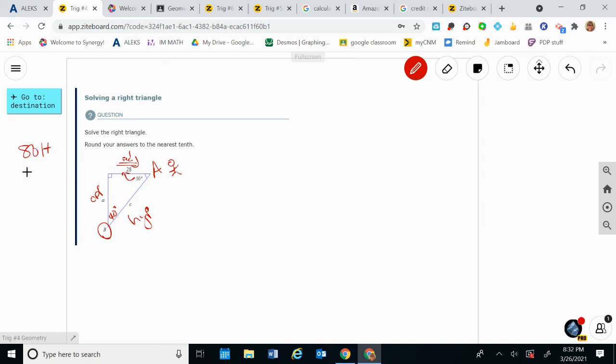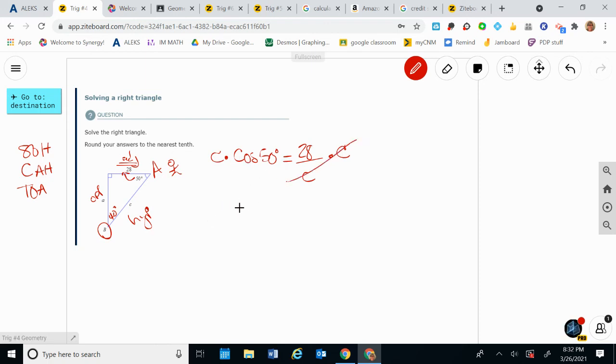So nope, no adjacent there. Ka, that works, adjacent and hypotenuse, and toa. Tangent works too because that's opposite and adjacent. So I'm going to go cosine of 50 is equal to adjacent over hypotenuse, 28 over C. Multiply both sides by C to get it to the top.